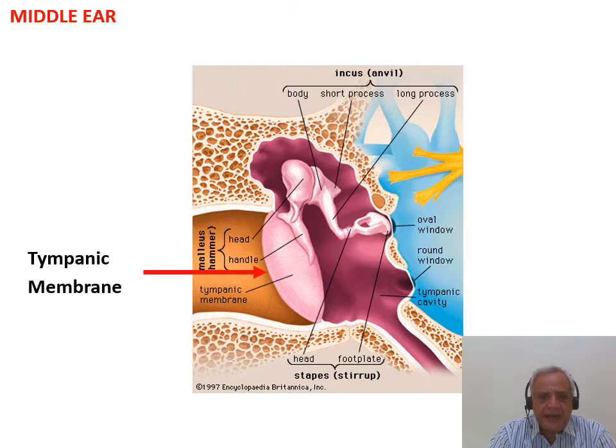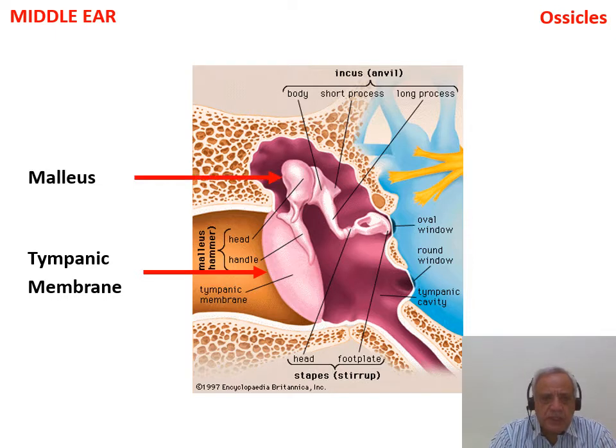Inside the air, there will be the ossicles. We have three very tiny ossicles, and it will start with the malleus. As you see here, there is a handle of the malleus which is attached to the tympanic membrane.